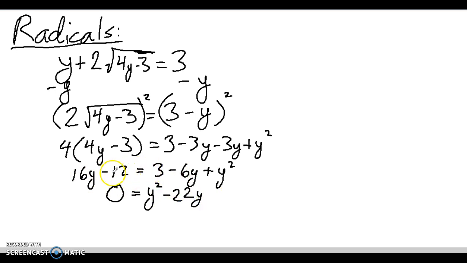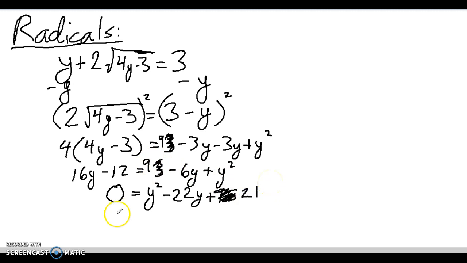And 3 minus a negative 12, so plus 12, is plus 15. Oops, what did I do wrong? I didn't square the 3. This should be a 9. And so 9 plus 12 is 21. That's going to make things work out better.